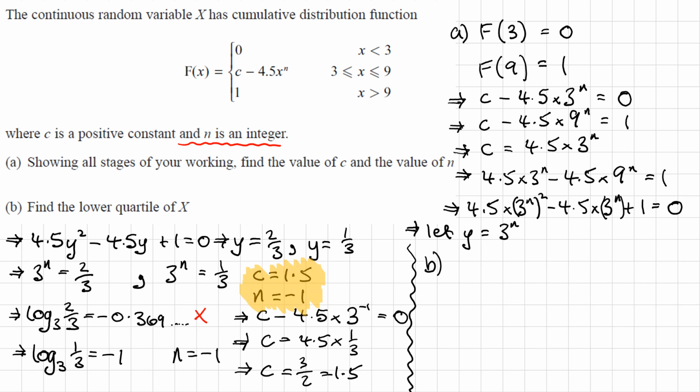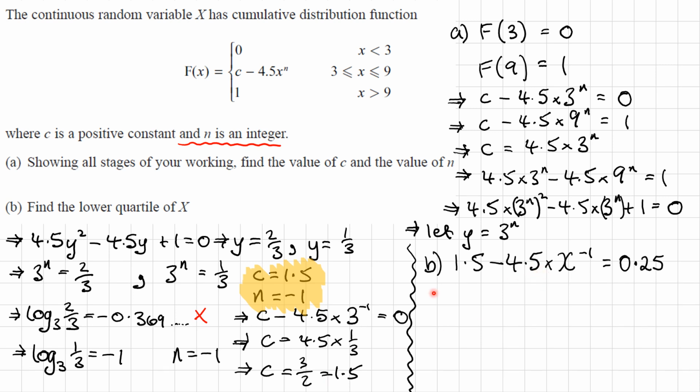So 1.5, that's c, minus 4.5 times x, that's the value we're trying to find, to the power of -1 is equal to 0.25. So we're basically just solving this for x.